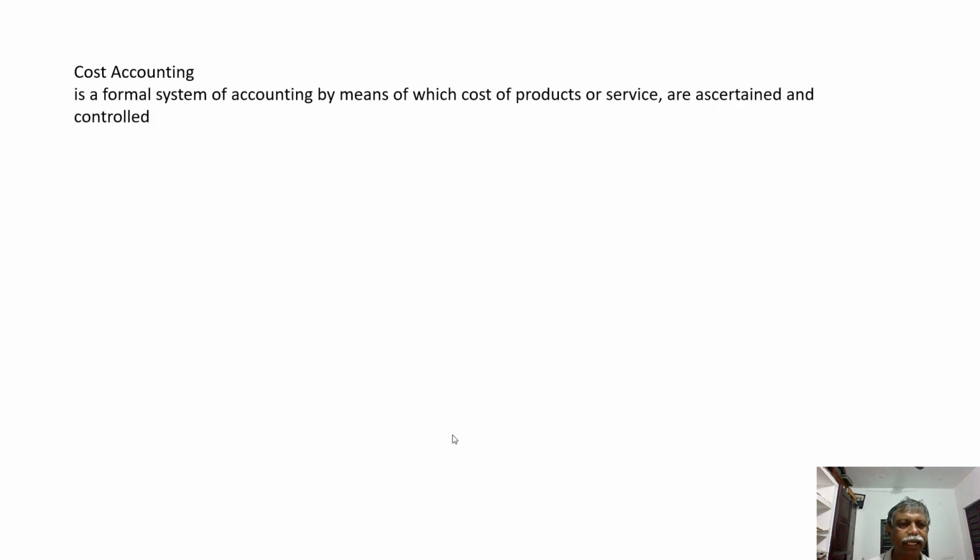Cost and costing. Then we look at cost accounting. I already told you it's a formal system of accounting by means of which cost of products or service are ascertained and controlled. When the product costs or service cost, service means you are providing a service. For example, you are cutting the hair of your friend and you charge some amount.